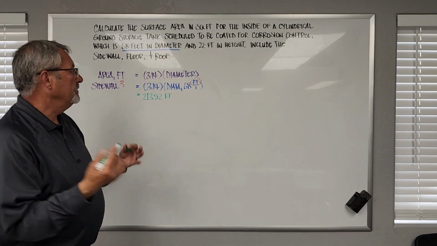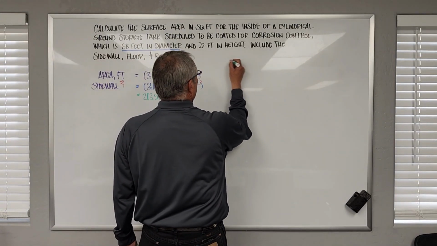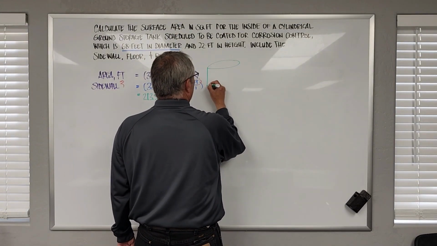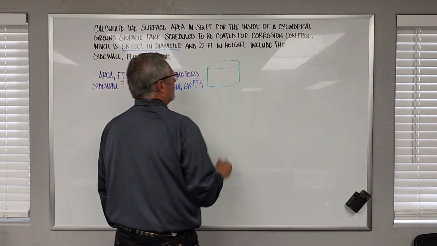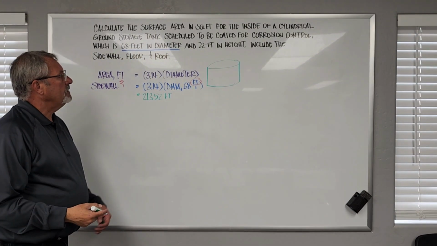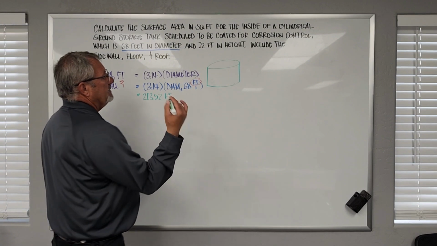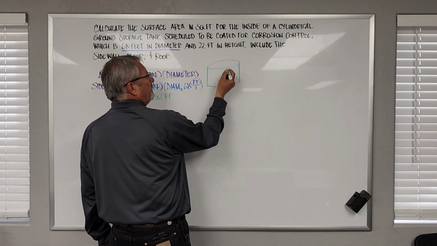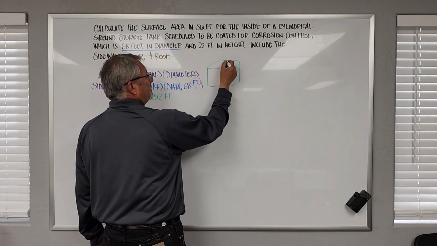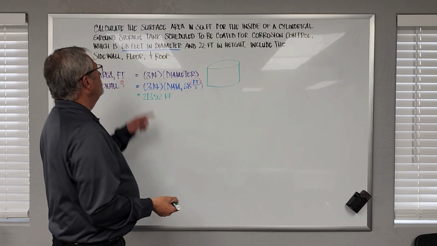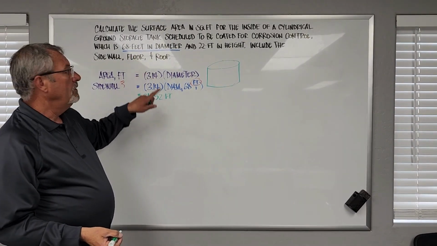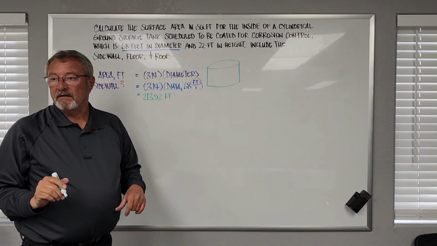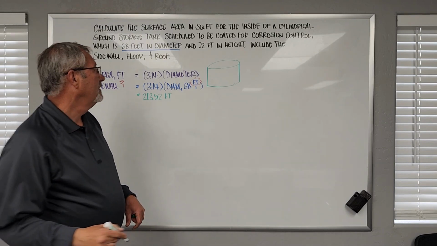So what I'm doing here is I've got the ground storage tank, kind of looks like that. I don't know why I can't draw today. So I measured from that point all the way around to here. Sidewall would be considered the walls, right? Yep, I'm almost there. I'm catching up to you.